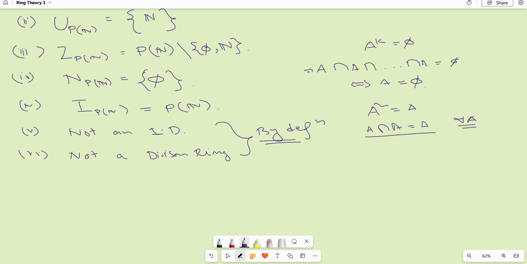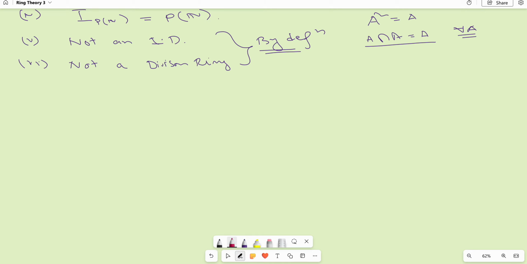So I'm giving you a question. What can you say about the idempotence of a ring intersection the nilpotence of a ring?